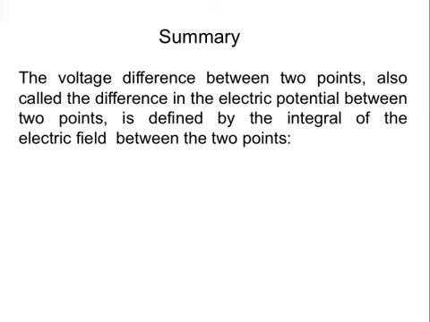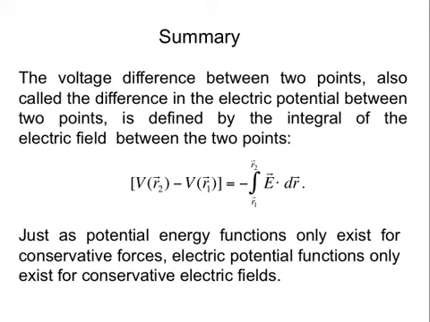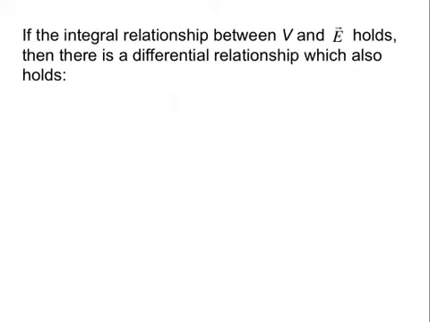Summary. The voltage difference between 2 points, also called the difference in the electric potential between 2 points, is defined by the integral of the electric field between the 2 points, V at R2 minus V at R1, negative line integral of E dot dr. Just as potential energy functions only exist for conservative forces, electric potential functions only exist for conservative electric fields.